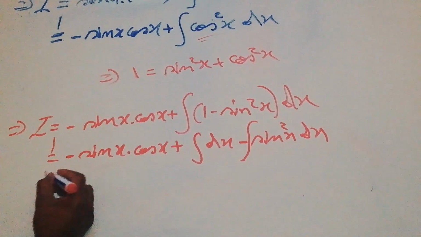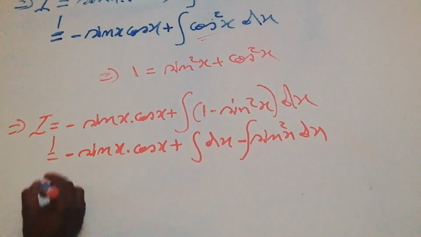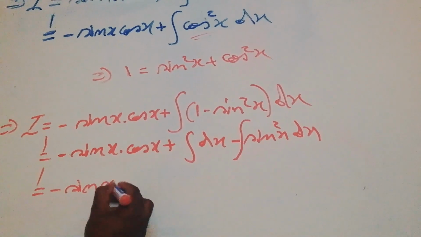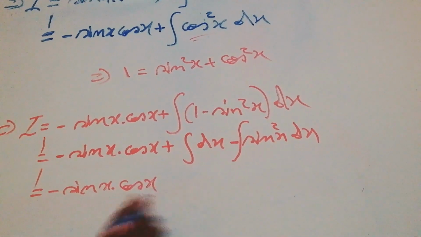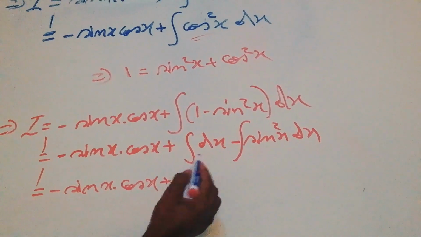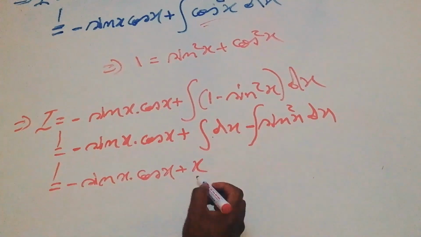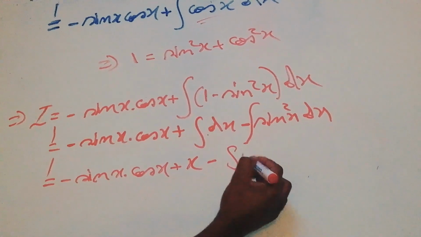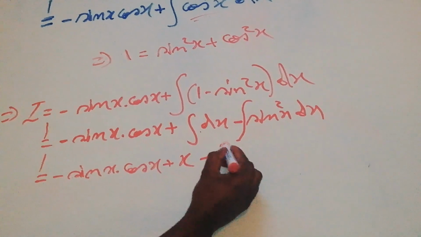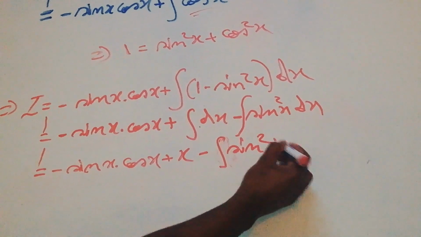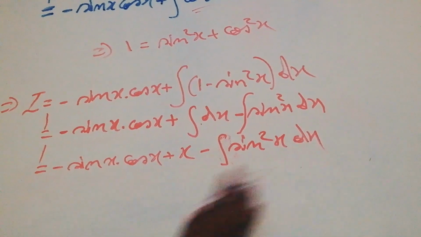Right, so this one comes this way, so I'm having the minus sin x cos x, plus the integral of dx gives me x, minus the integral of sin squared x dx.